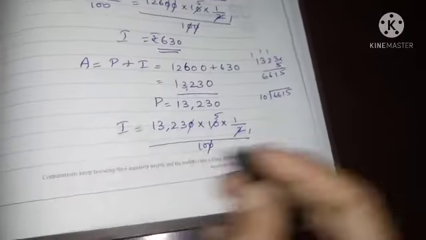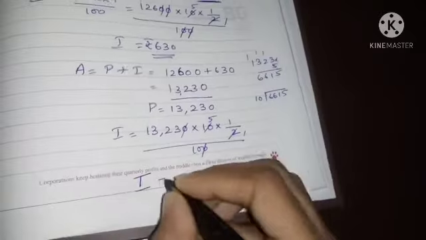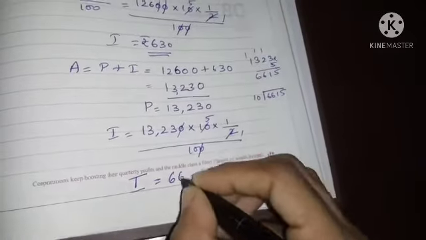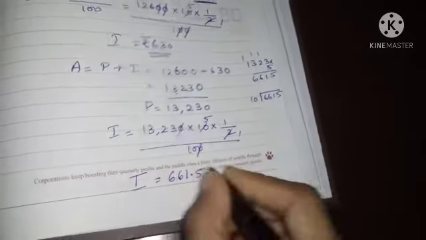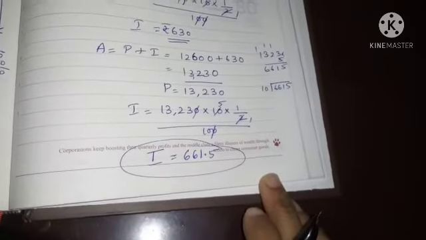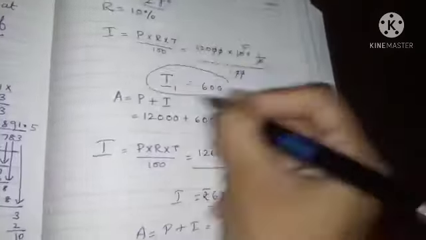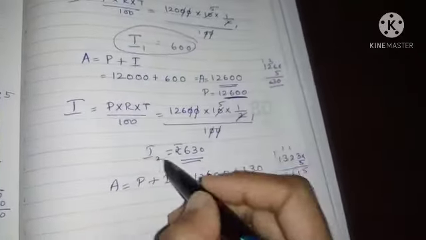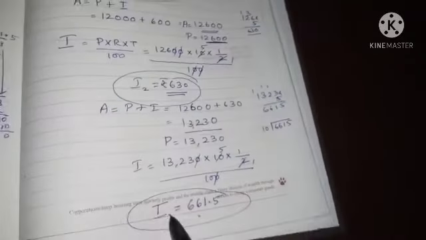Okay, 6615 divided by 10 is what? Interest has become 661.5. So the third 6 month interest will be 661.5. So first 6 months, second 6 months, third 6 months.